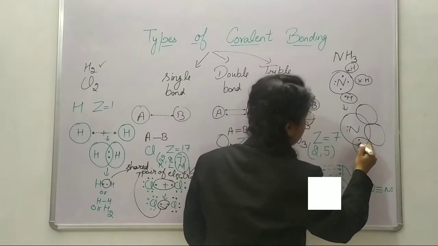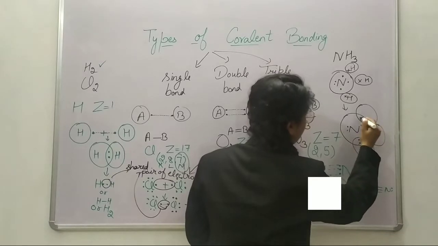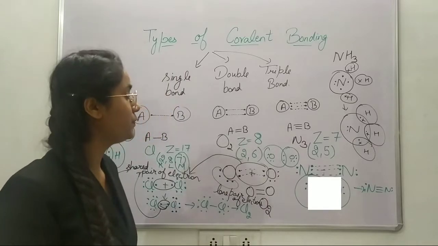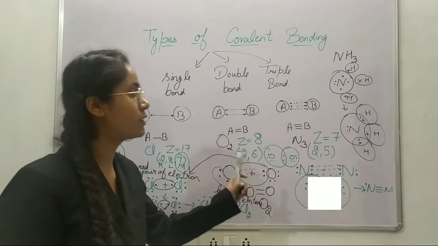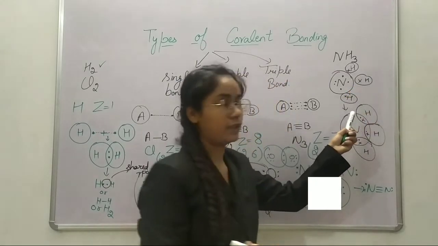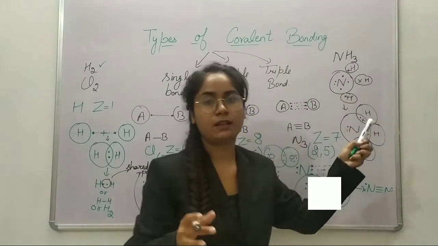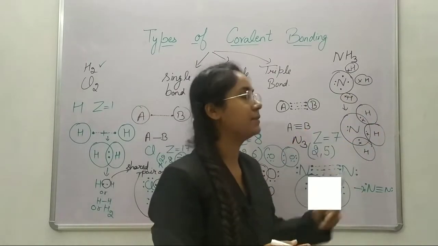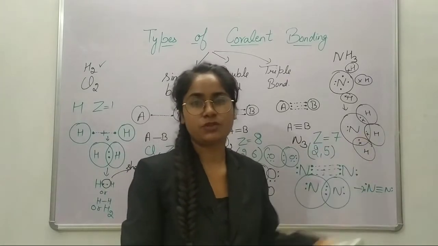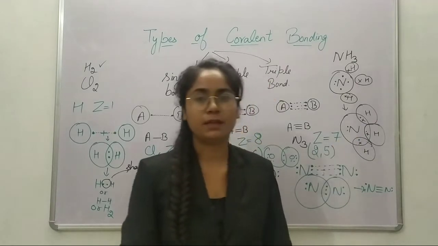This is how the bond will be formed between them. Okay, this is how the electron dot structure looks. 3 hydrogen atoms are roaming around nitrogen. Nitrogen finds them and says, hi, wanna make a bond with me? So these hydrogen guys say, yeah, why not? So this is how they make a bond.